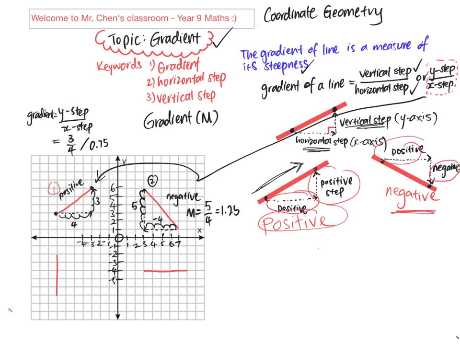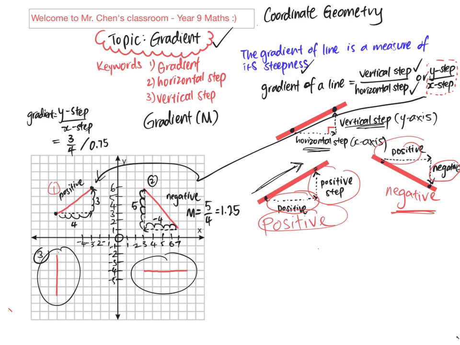However, what happens if you have this situation? I want you to have a look at number 3. Can you actually go left and right? You can't, because it's a straight line literally.